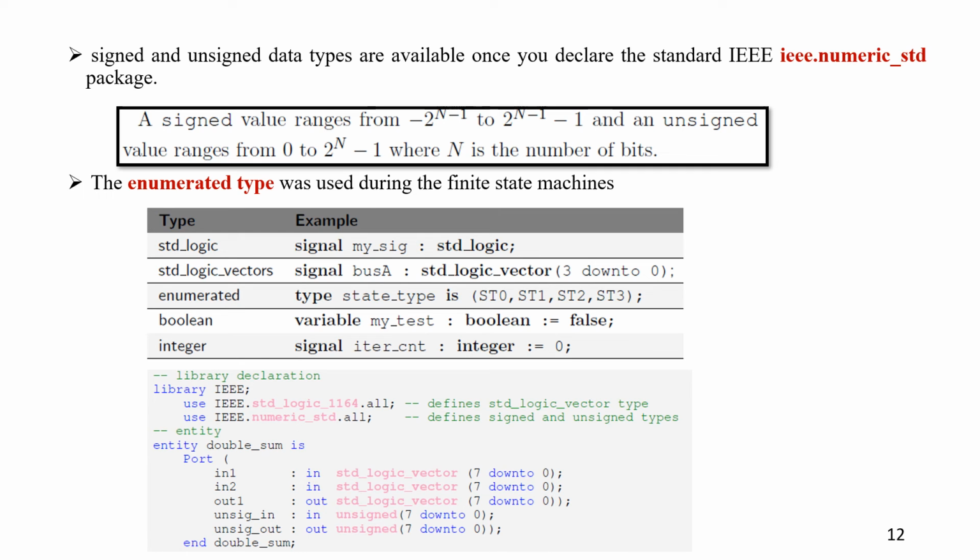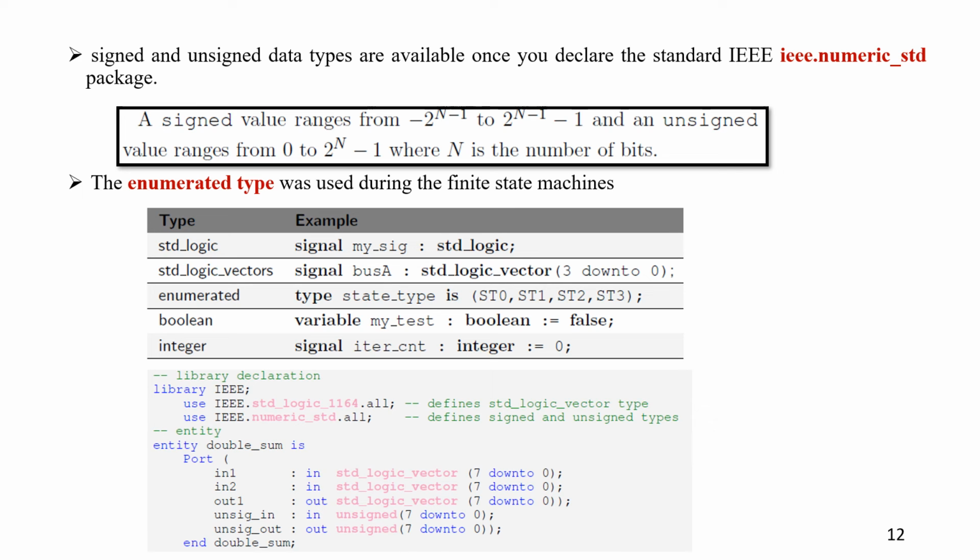Before using the signal or variable, you have to define it. After that, the name of the signal, and after that, the type of the signal. If the signal is a vector, you have to define the length of the vector by using the number of bits minus 1 down to 0.